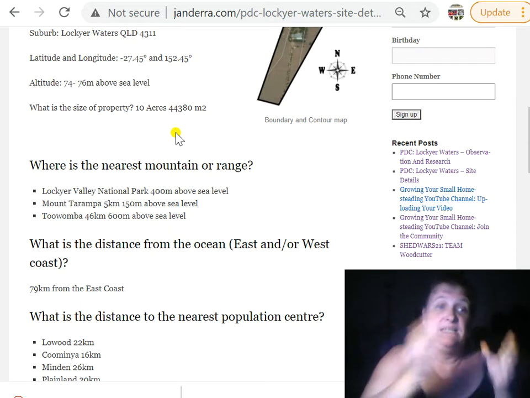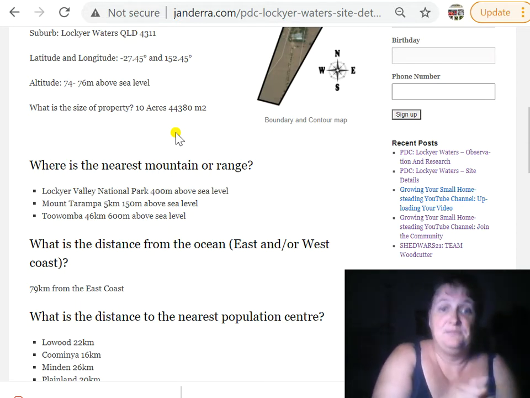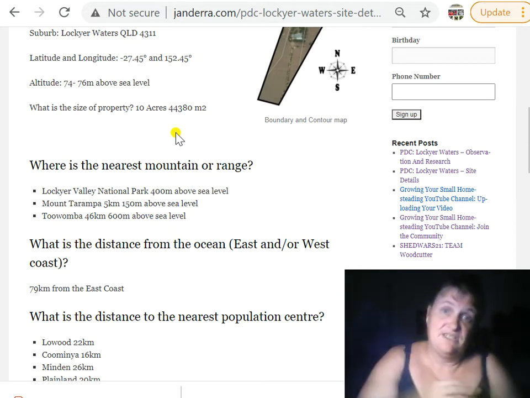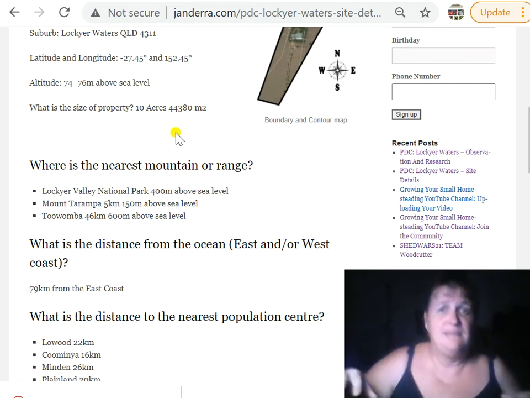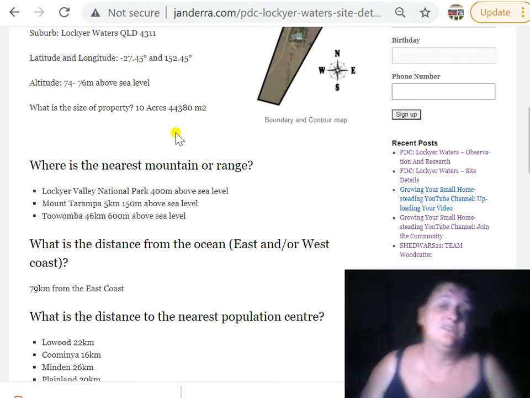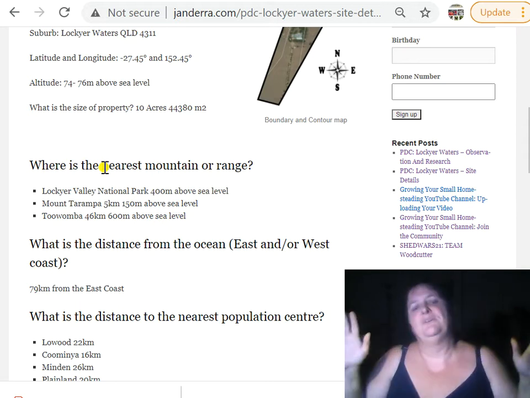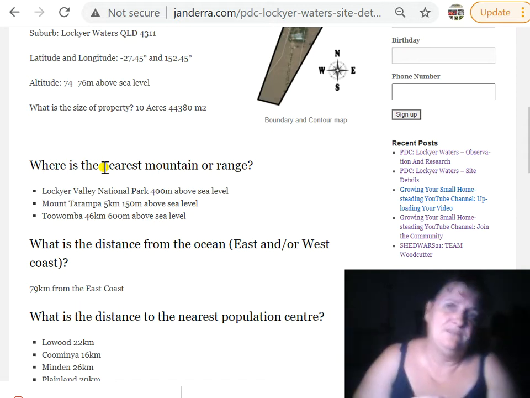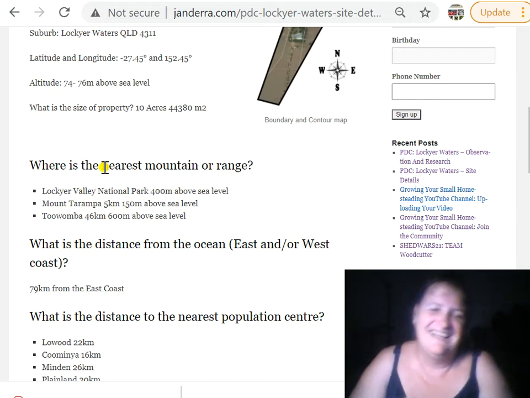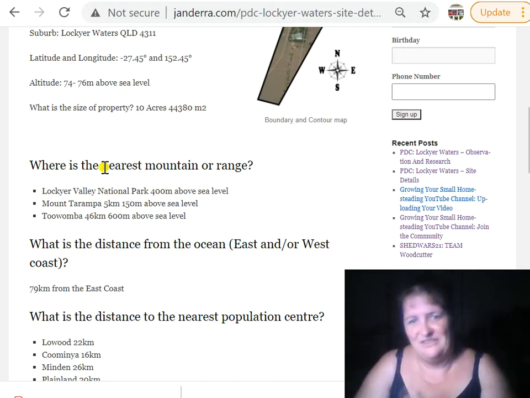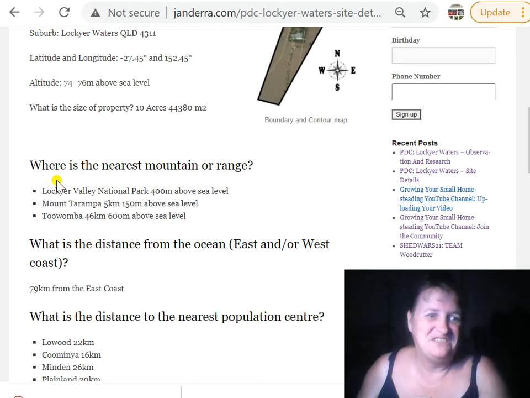And part of that is because of the Lockyer Valley National Park and the other mountain ranges that are around the place. They are affecting the way the weather and the way the rain actually goes. It's quite funny, actually. The locals go, it's Lockyer, no waters. And it has actually been for the last few years. There wasn't a lot of rain around the place, but I'll get into that further in a little bit.